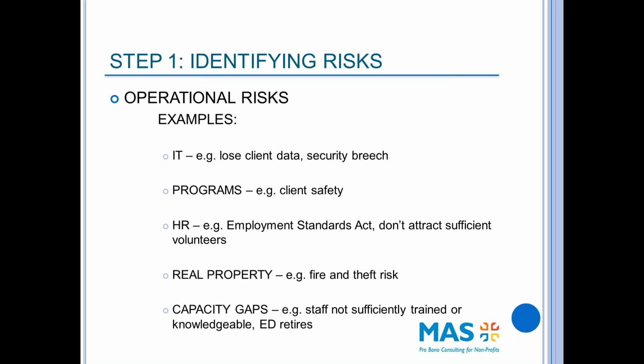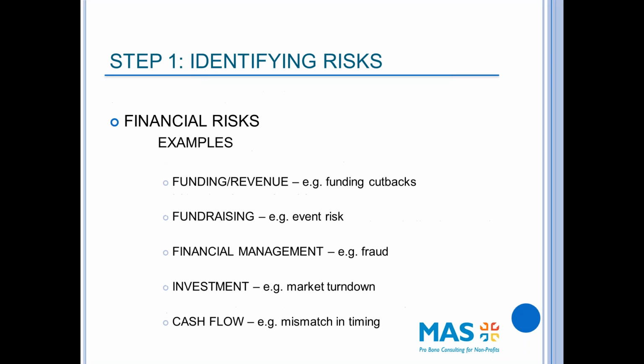Capacity risks can open up in your organization that have an impact on the organization and the clients, and you need to think about what are those capacity risks. A good example would be if the executive director is retiring, that's going to open up a capacity gap, and there's risk around that, and we'll talk about how you're managing that risk. So these are the kinds of risks that you need to think about under operational risk.